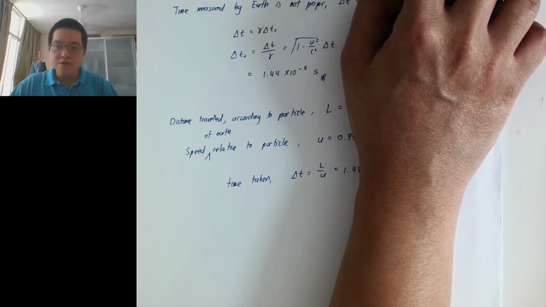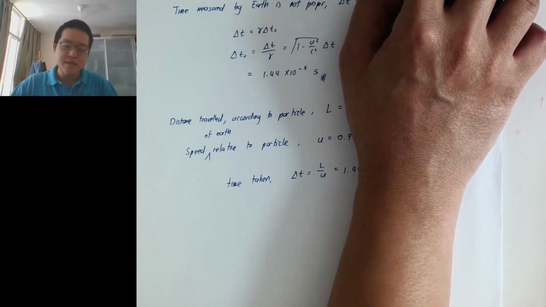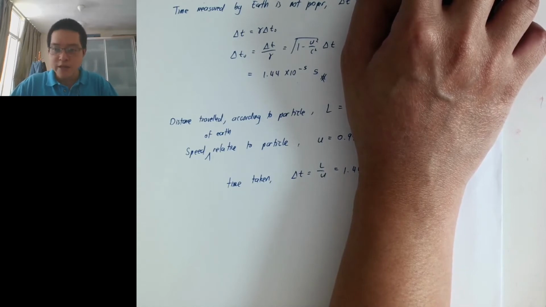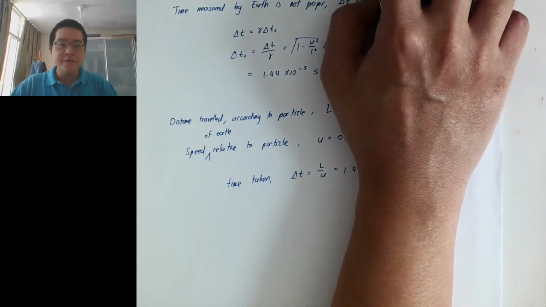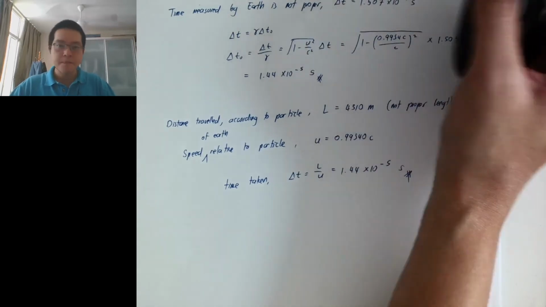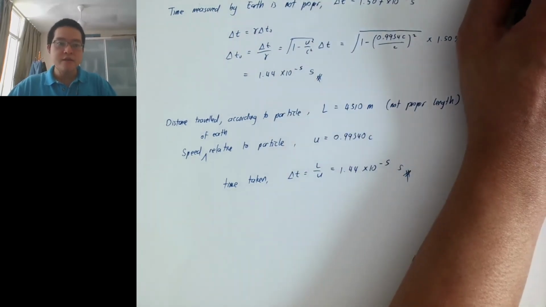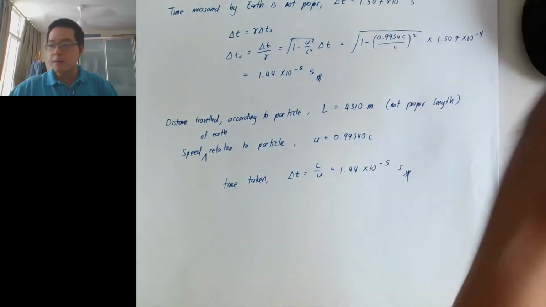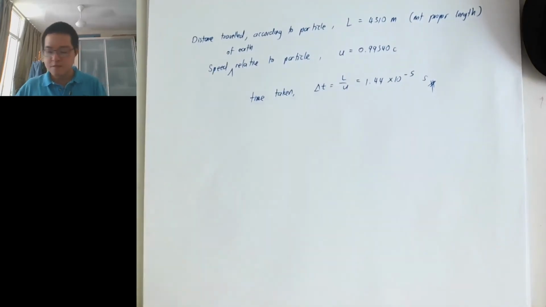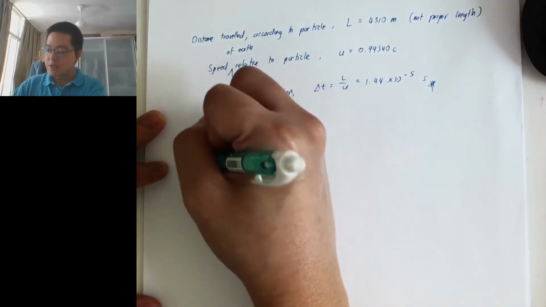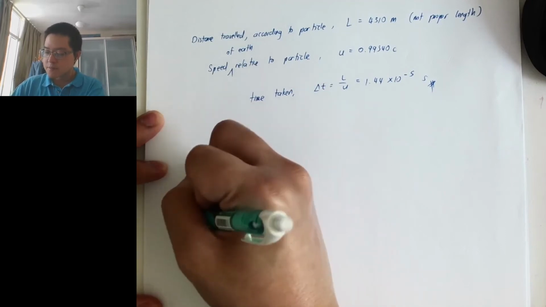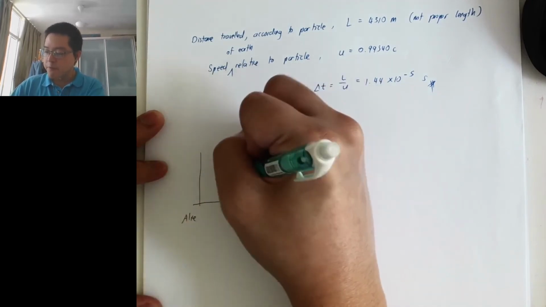Usually, actually it doesn't matter who is u, who is v, but usually u is the relative velocity between two frames. So there's no difference here. The difference only comes in when you talk about three objects, right? So usually our situation is, we have Alice, and then we have Bob.